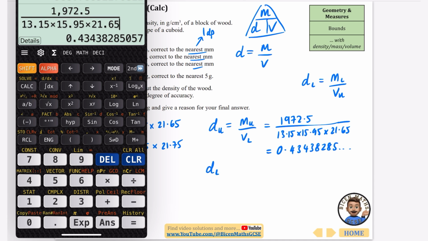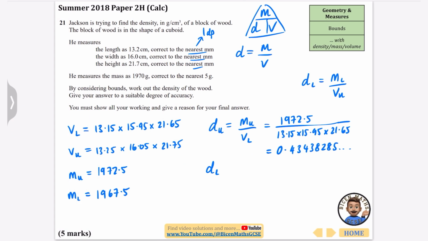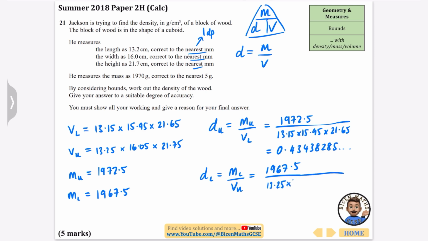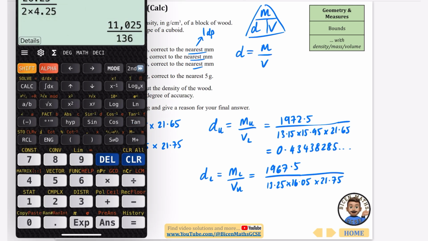Now I'm going to do the density lower, and actually the density lower I've got written up here, so I'm going to grab that, put it in the right location, which is down here. I'm going to do the exact same thing as before, but with the other bound. So I'm going to do my 1967.5, that's the lower of the mass. The upper of the volume is going to be 13.25 times 16.05 times 21.75. So much typing in the calculator for this topic.